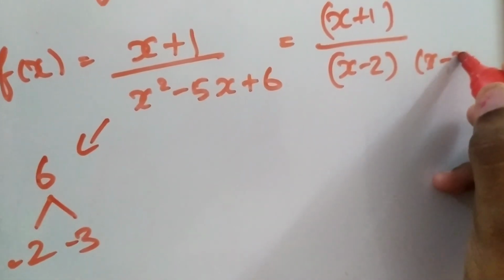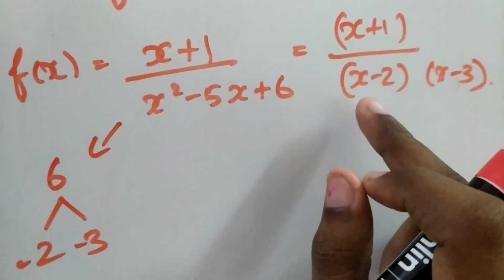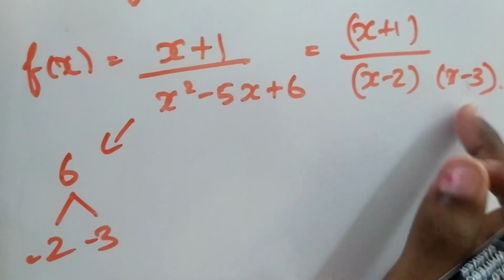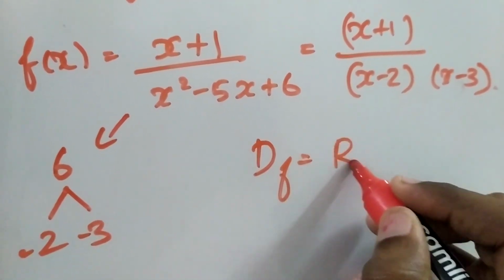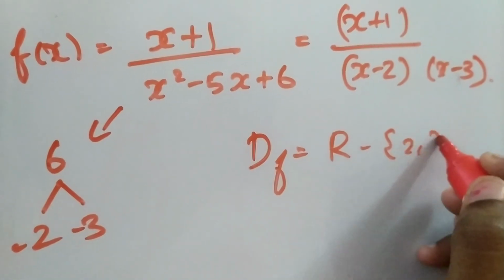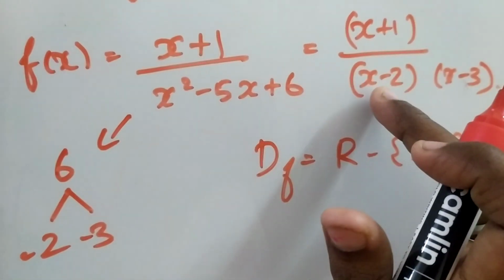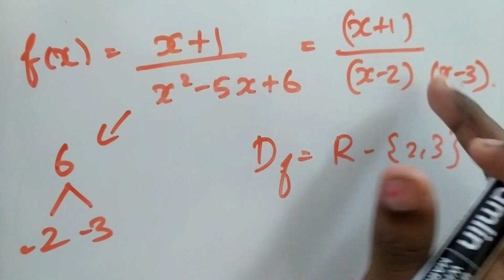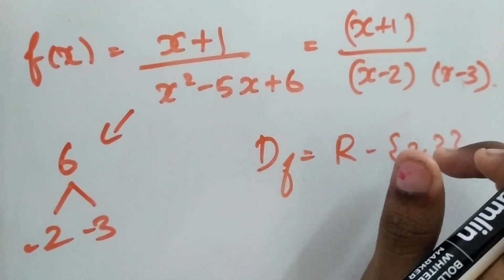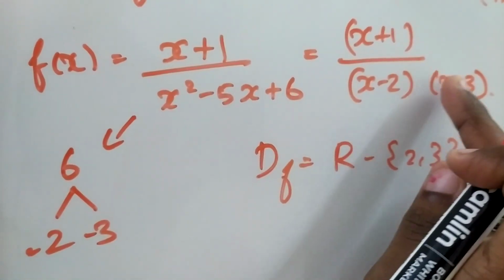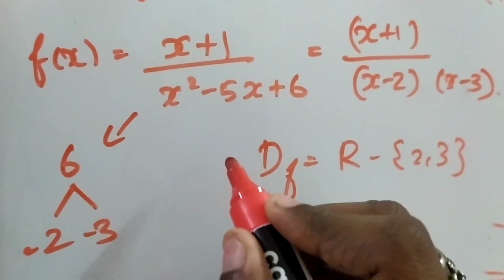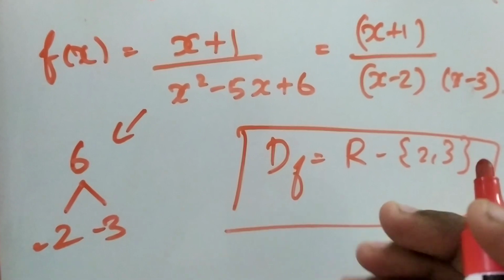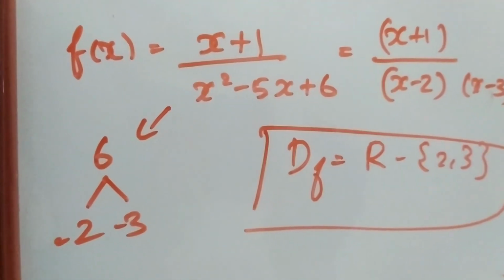I already told you the denominator should not be equal to 0. So the domain is real numbers minus 2, 3. Because if you take 2, you will get 0, so the denominator will be 0, and anything by 0 gives infinity. Same if you put 3 here, the denominator will become 0. So the domain of this function is real numbers minus 2, 3.